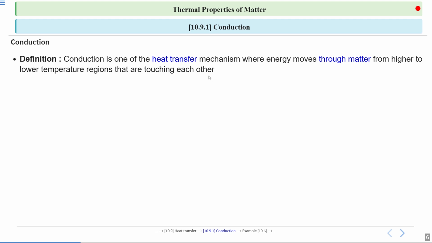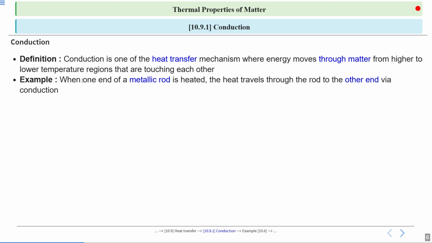So, if we talk about the definition, conduction is one of the heat transfer mechanisms where energy moves through matter. Listen carefully. In conduction, only energy moves. There is no movement of matter. So energy moves through matter from higher to lower temperature regions that are touching each other. There is no movement of matter.